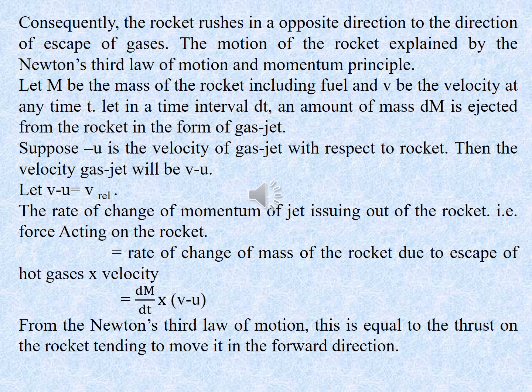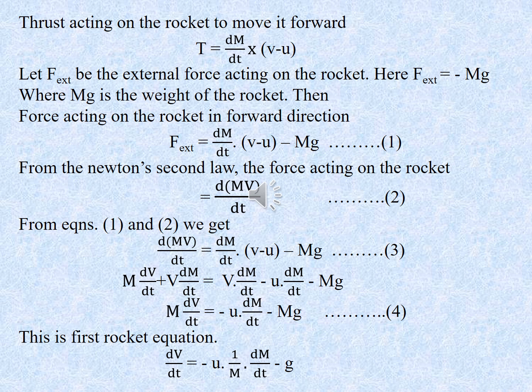From Newton's third law of motion, this is equal to the thrust on the rocket tending to move it in the forward direction. So T is equal to dm by dt into (v minus u).